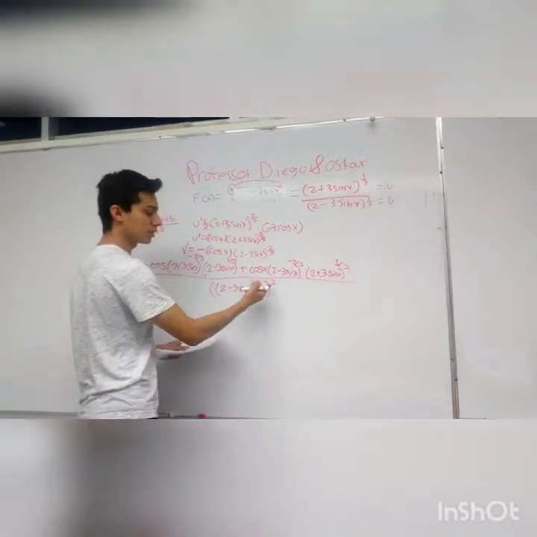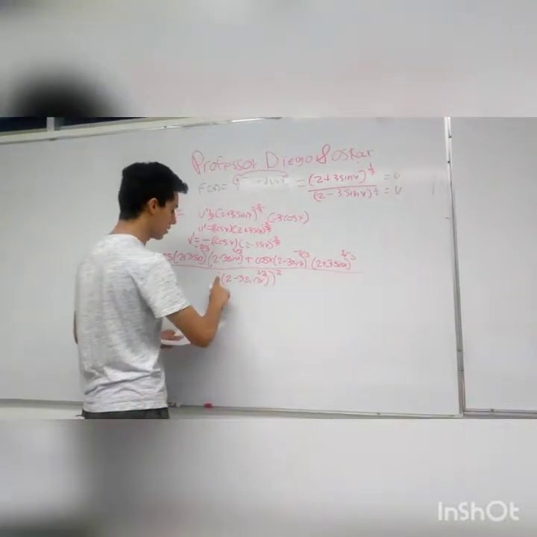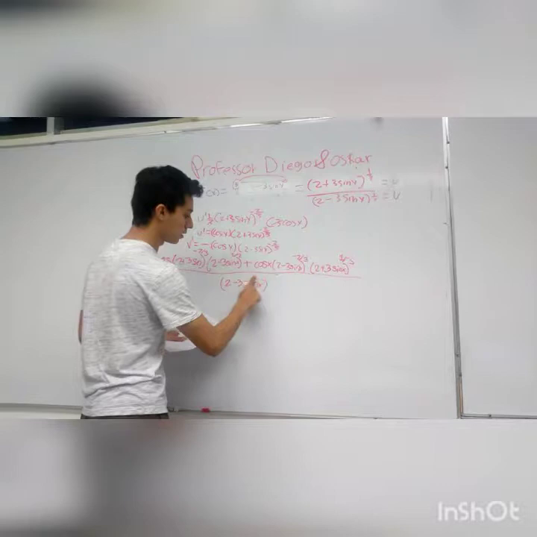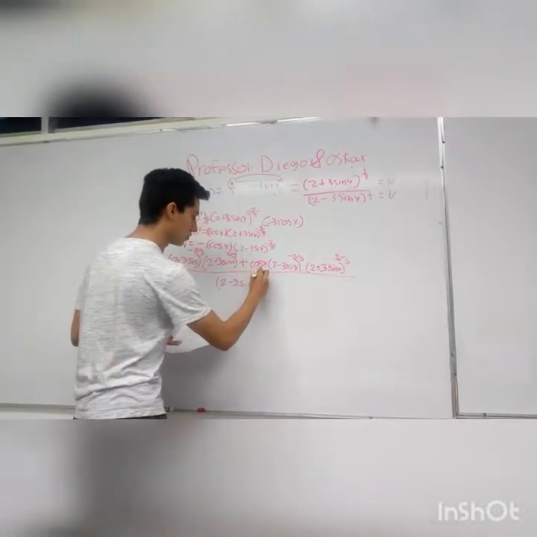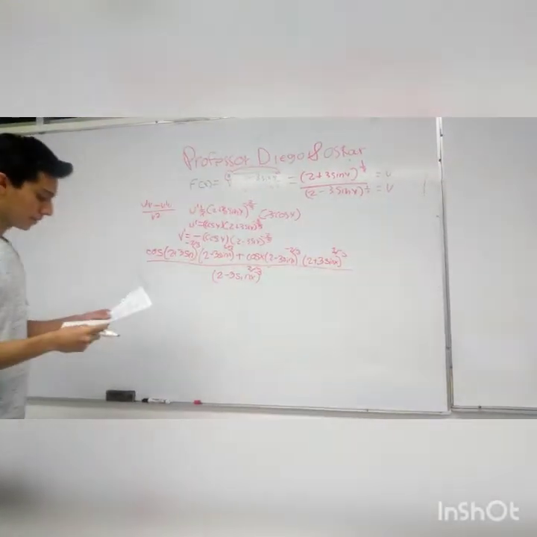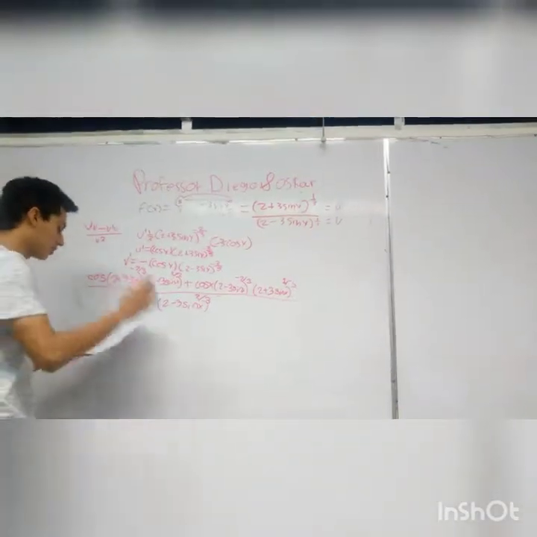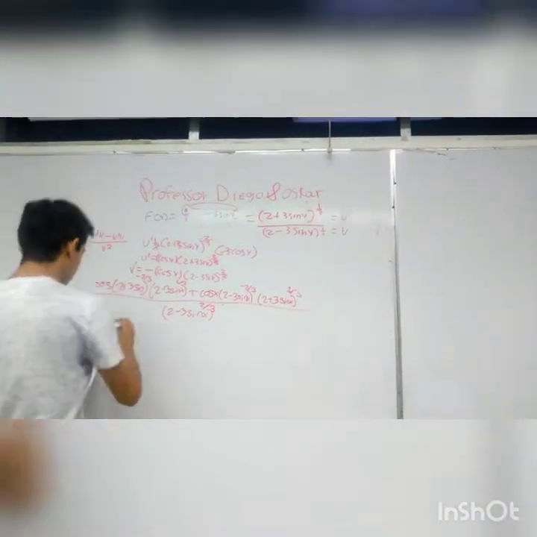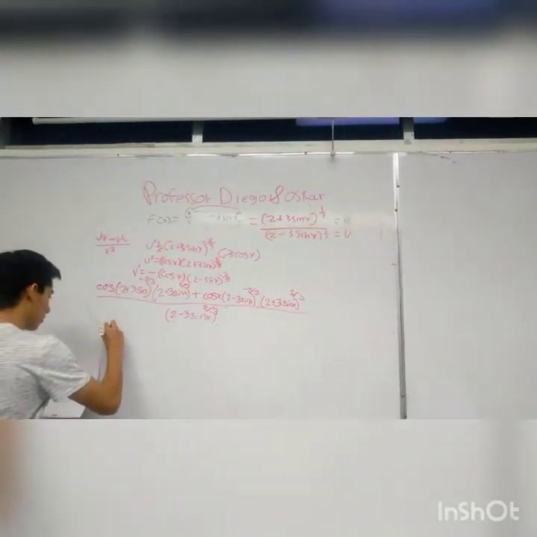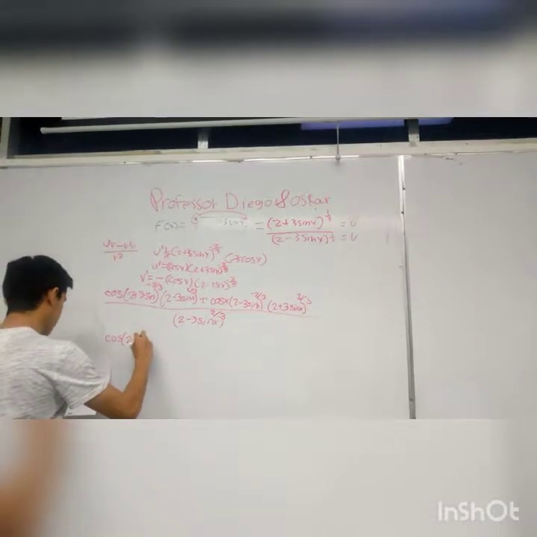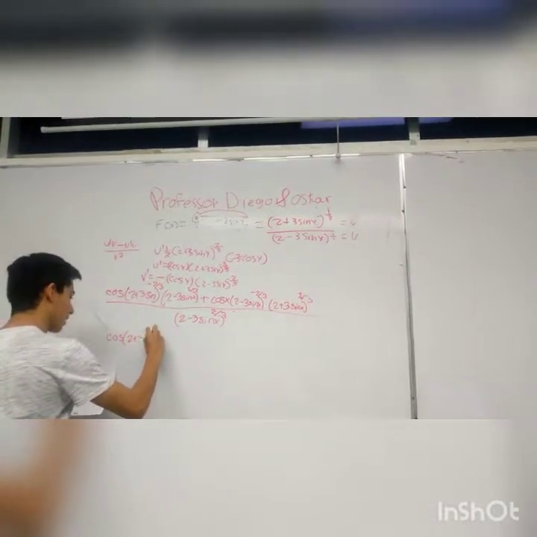But now, if we consider that it's just multiplying this, we are going to have 2/3 instead of 1. And now, because we have a very huge fraction, we're going to factorize. In which way? We're going to get the common factors, which are 2 minus 3 sine x, and 2 plus 3 sine x.